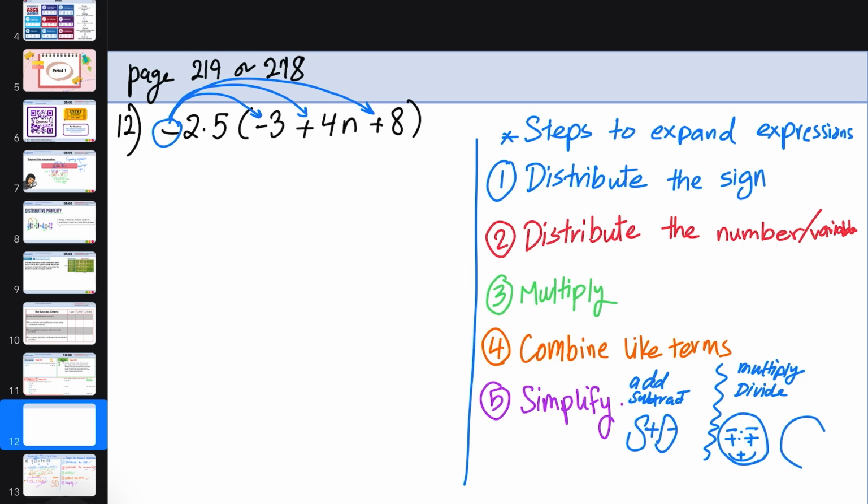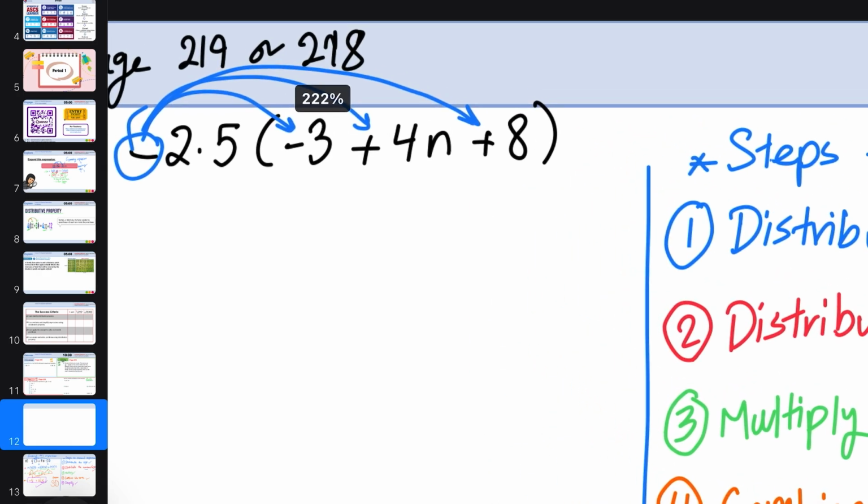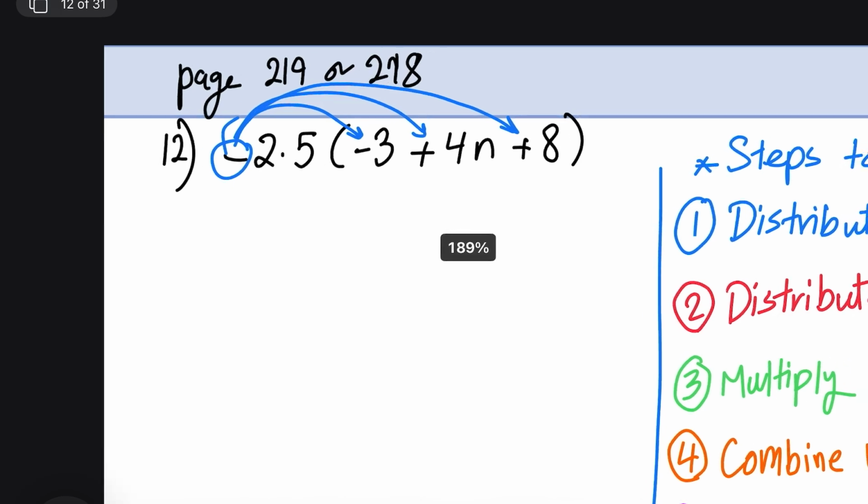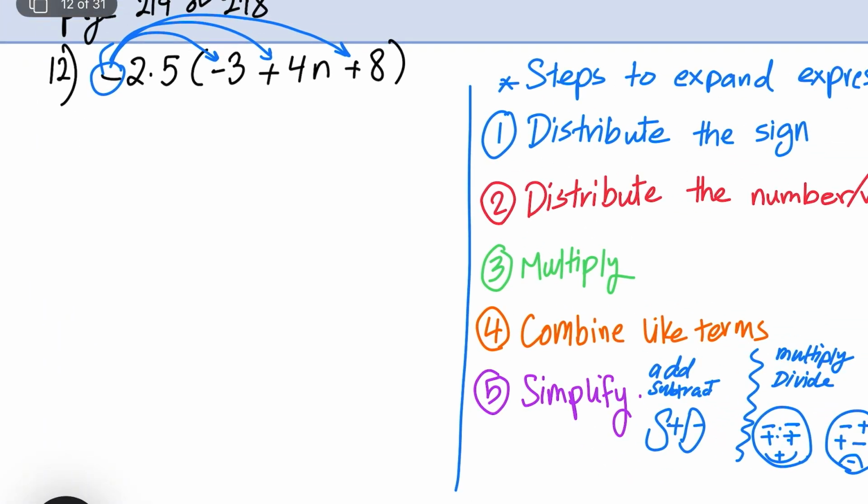If there are different signs, negative times positive, positive times negative, the answer will be negative. Okay? Since I want to distribute this sign, and I know that distribution means multiplication with everything inside the bracket, I need to multiply the negative times this negative. The negative outside times this positive. The negative outside times this positive.